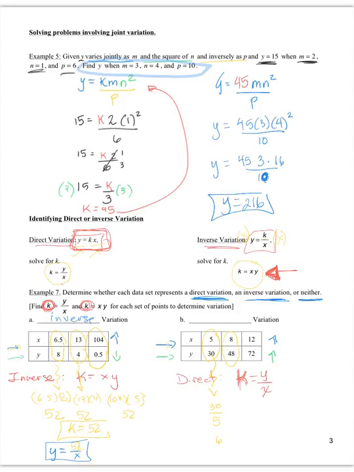If I take the ratio of y over x for the second set of ordered pairs, I also get 6, but I do have to check the third one to make sure that k is constant. I do get 6. So I see that k equals 6. That constant of variation is 6. So this is in fact direct variation, and I can write the variation function as y equals 6 times x, and I have my variation function.